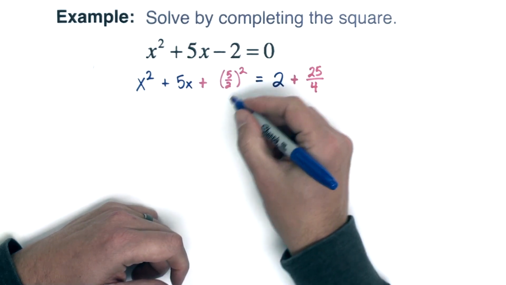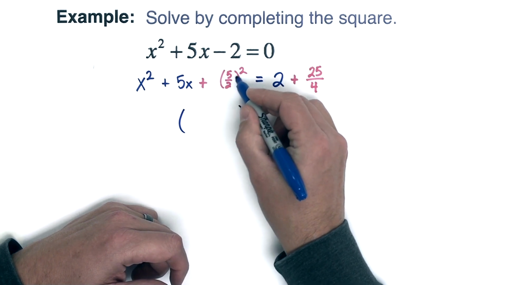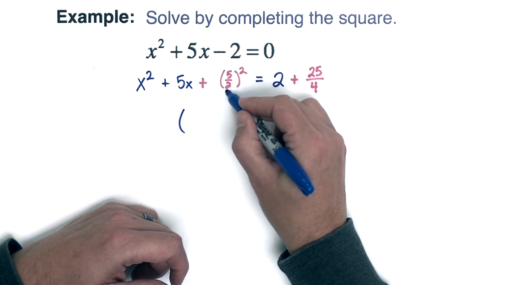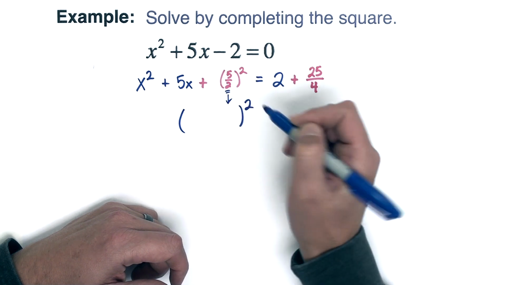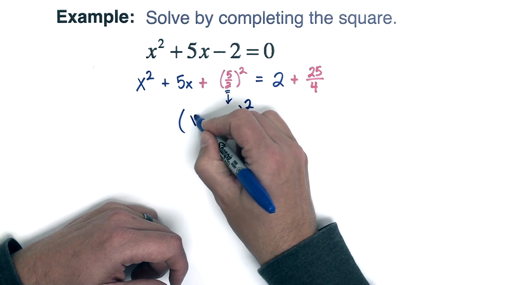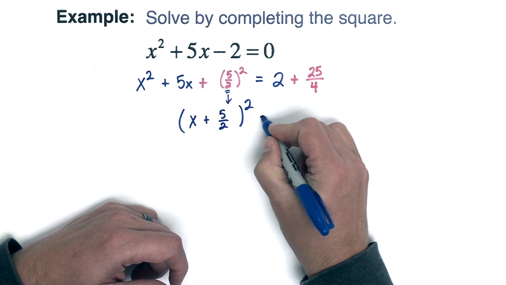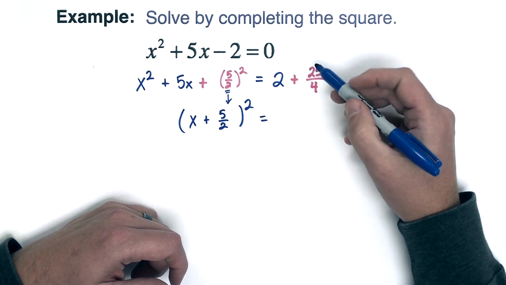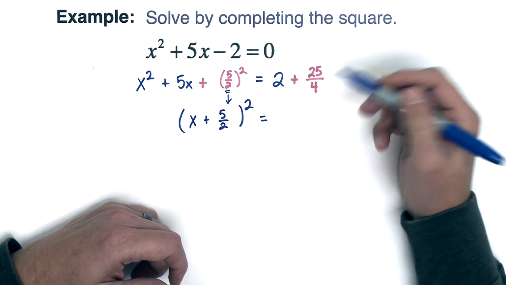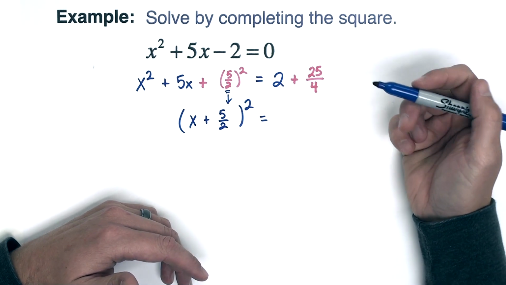Alright, so I got this to factor. And again, why I leave it like this is because I know that this is just going to come straight down into my factor, so it's easiest to just keep it like that. I got x plus 5 halves squared equals. Now here's where we run into a little bit of heavy lifting. I have to be able to put these numbers together.